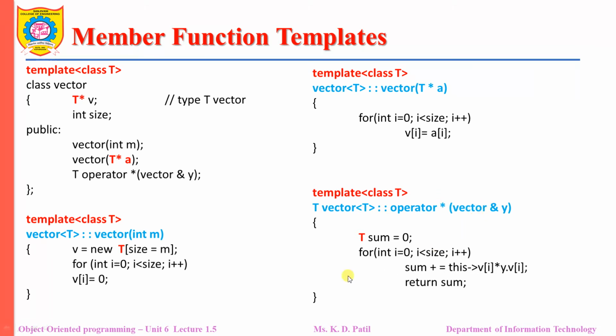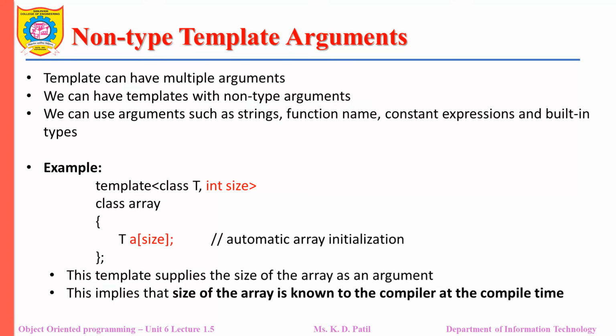So if you observe, everything is the same as the function template, only the difference is that here we have to indicate that the respective function belongs to the class vector, and using the scope resolution operator we can do that. So this is the way we can have the member function templates outside the class definition.